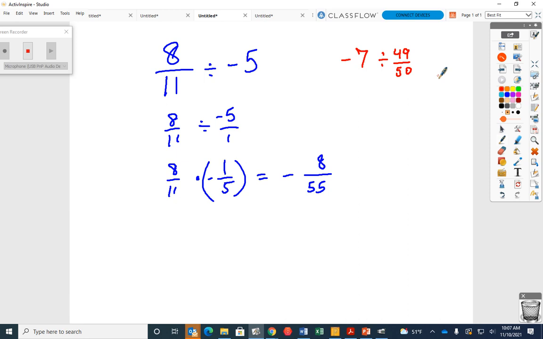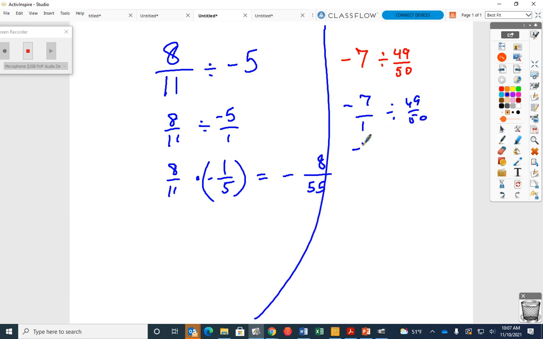Chase, what can I do with this negative 7? Turn it into 7 over 1. Okay. Now I haven't copied, dot, flipped yet. I still need to what? So you still need to copy, dot, flip. So 7 over 1 stays, it becomes multiplication, and 50 over 49.